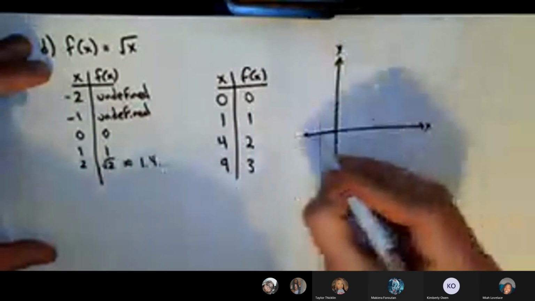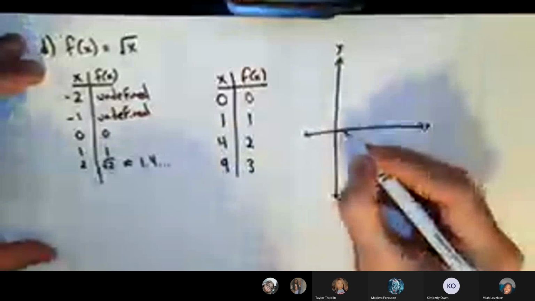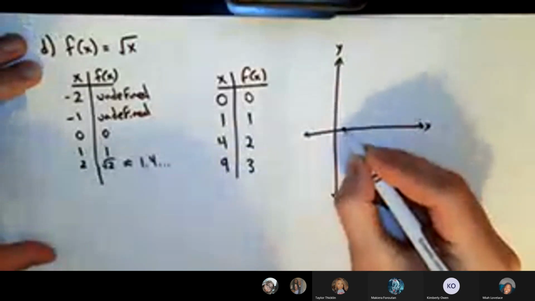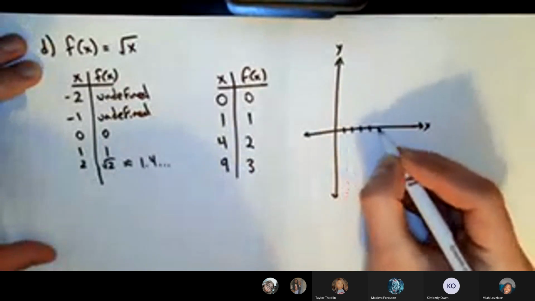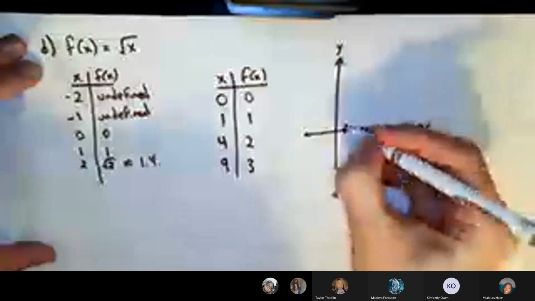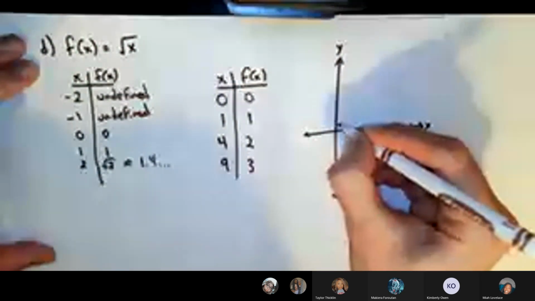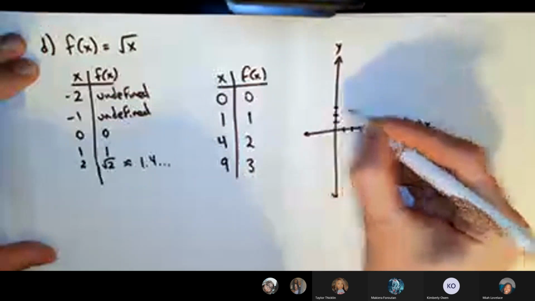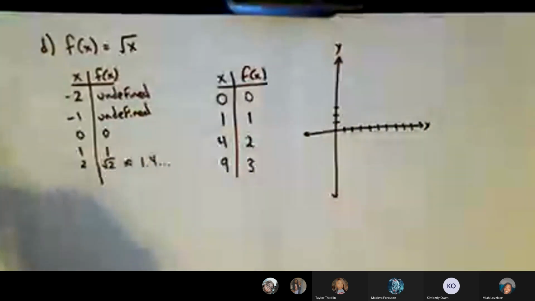I need a fairly long x-axis because I'm going out to 9, so make these tick marks kind of small. 1, 2, 3, 4, 5, 6, 7, 8, 9. Now for the y values, I only have to go up to 3. 1, 2, 3.